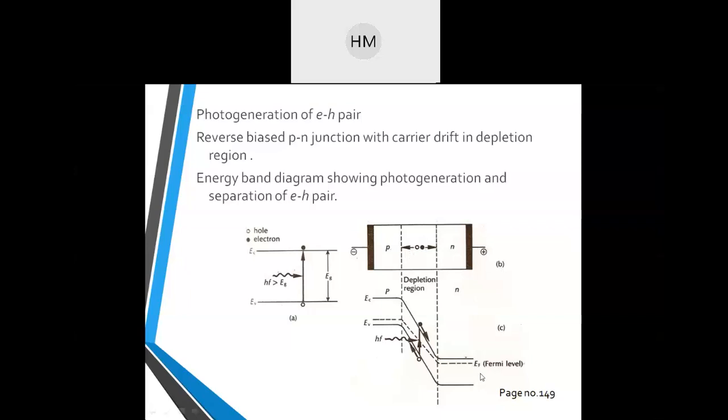C diagram is your energy band diagram showing photo generation. A is your photo generation of an electron hole pair in intrinsic semiconductor.